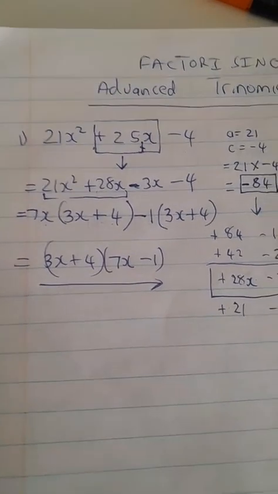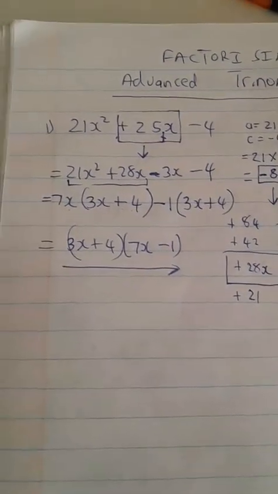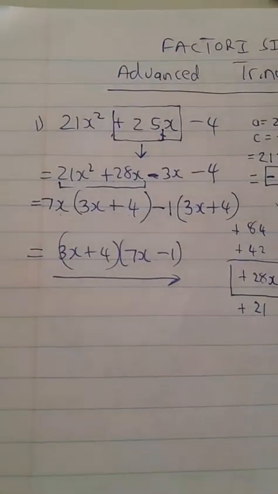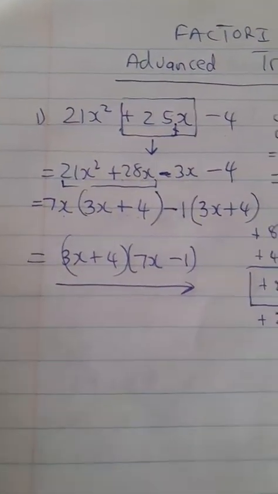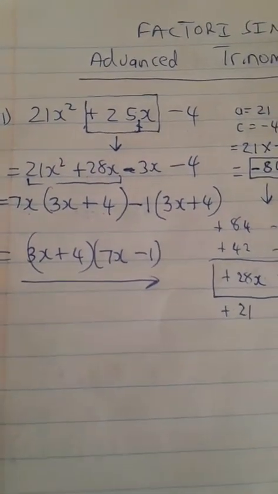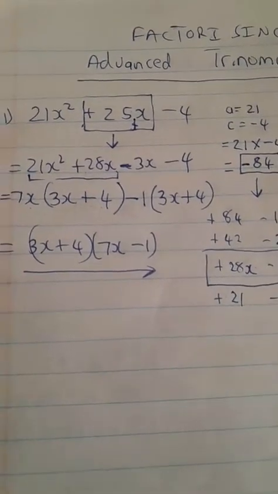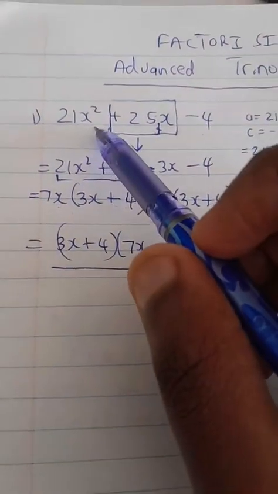You see, people, this is a method I am recommending to you. In grade 10, they will make sure if they are asking the question that the common brackets will be there.